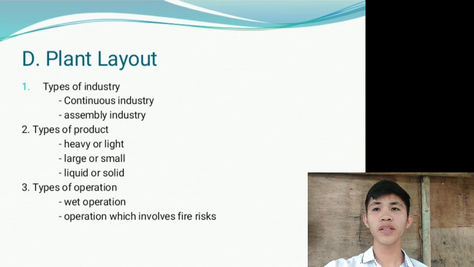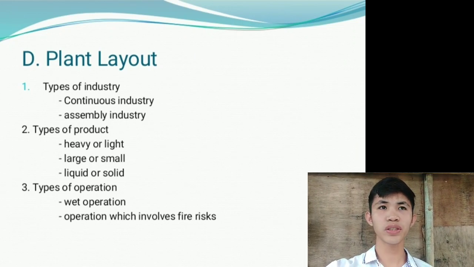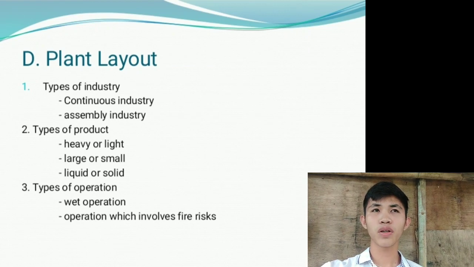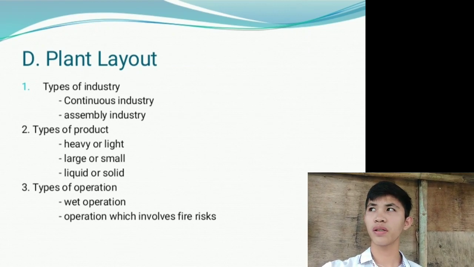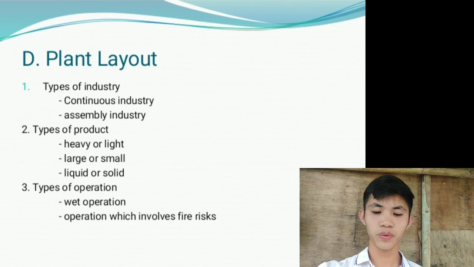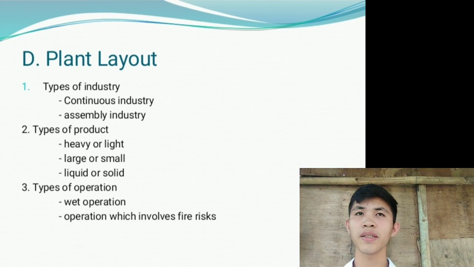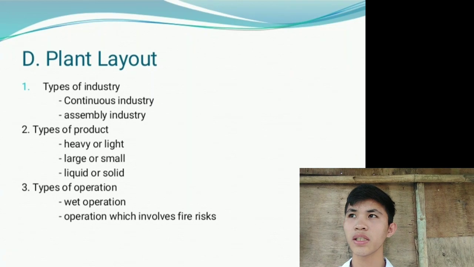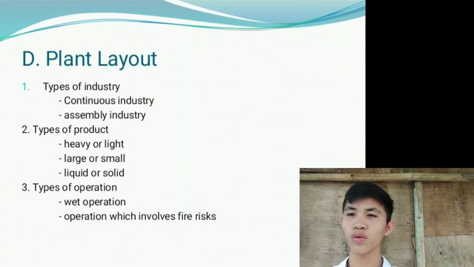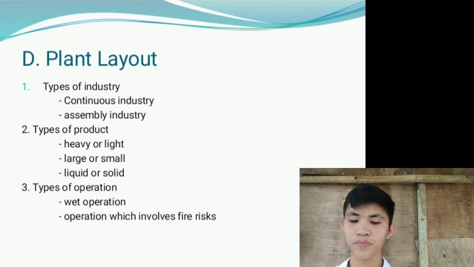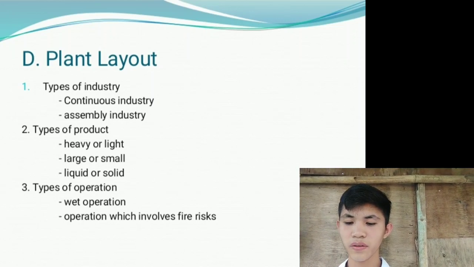So what are the examples of this? The examples are firecrackers. Why do we say fire risk? We already know that there are accidents in their factories caused by fire, burning buildings, so there are many casualties. So that is another type of fire risk.